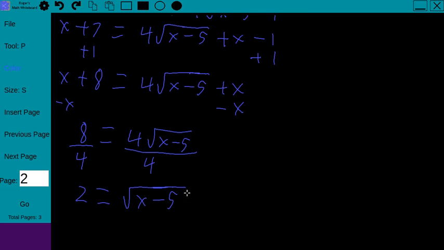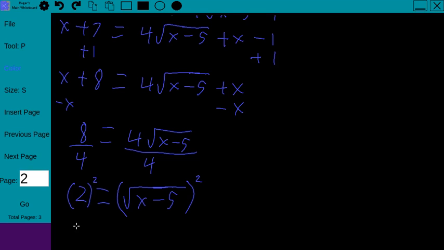Okay, and then at this point, we're basically at the point where if this were a simpler problem, this would be the rest of the problem. So now we've done the first half of the problem. Now we just have to do the second half. So at this point, the radical term is already nice and isolated for us, so we can simply just square both sides again. That's pretty simplistic.